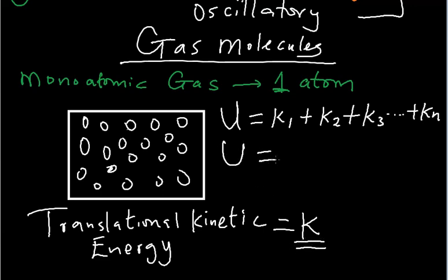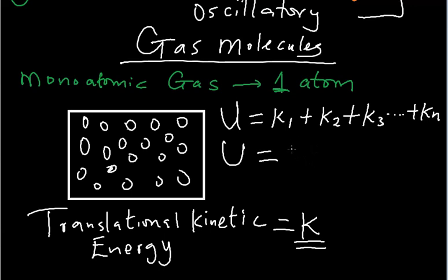Their total internal energy is going to be the number of molecules in that container multiplied by the translational kinetic energy of one. Please pardon me, I'm using a capital letter.